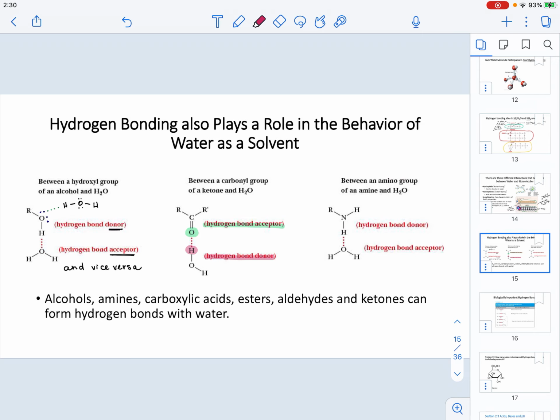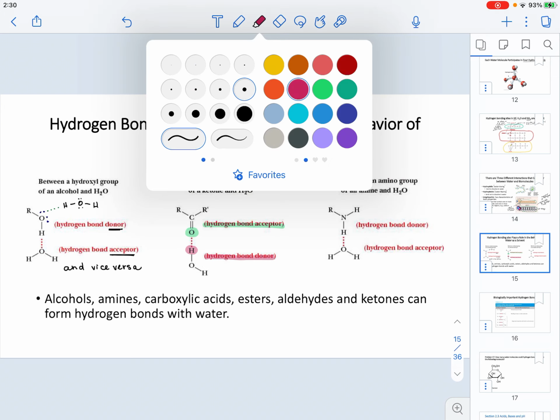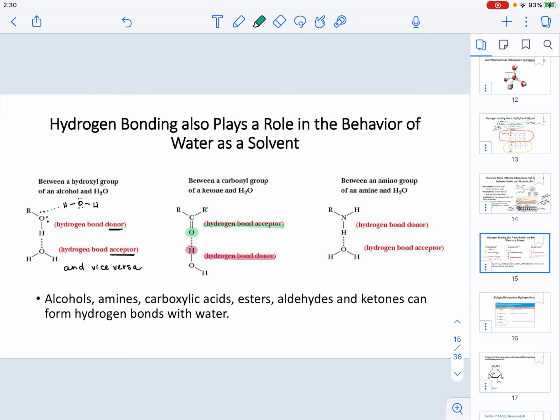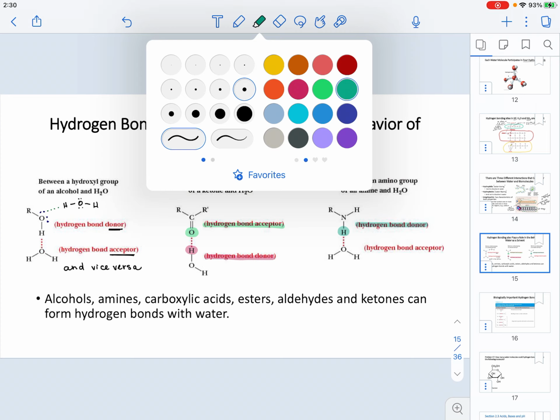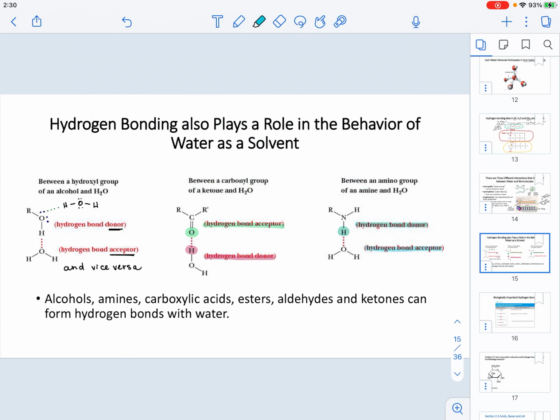have a hydrogen. Lastly, when we have an amino group, meaning you have an amine, and they interact with water, understand that here we have shown how the hydrogen bond donor is going to be specifically one of the hydrogen atoms bonded to the nitrogen, and the hydrogen bond acceptor is going to be the oxygen in the water.